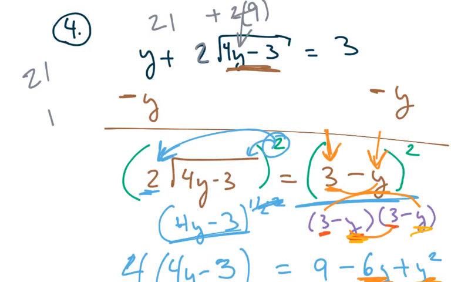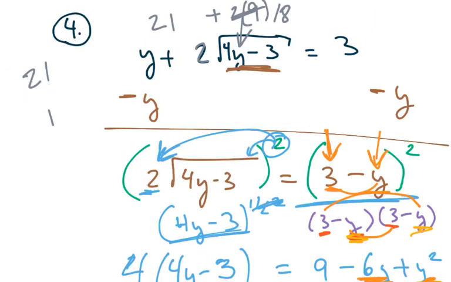So that's going to give me 18. If 21 plus 18 were 3, I would be correct, but they're not. So 21 is incorrect. And you can see what's going on here. We're using the positive version. 21 gives me the negative version, so that's why that's not working.